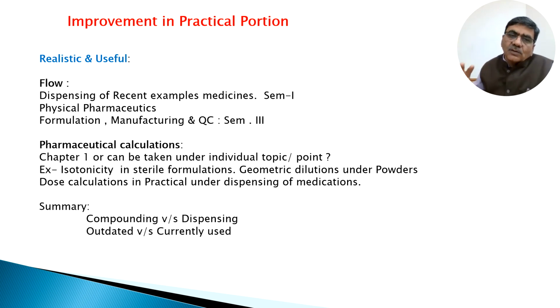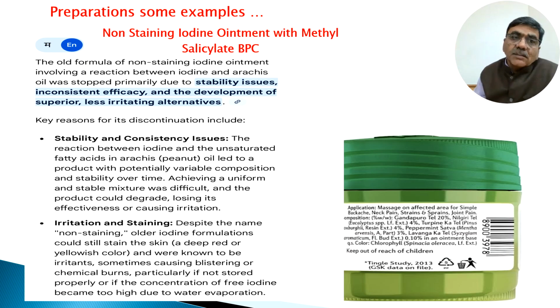In summary, I insist on shifting our focus from compounding of traditional medicaments to the dispensing of modern medicaments. Instead of outdated formulations, we should have the current formulations which are there in the market.